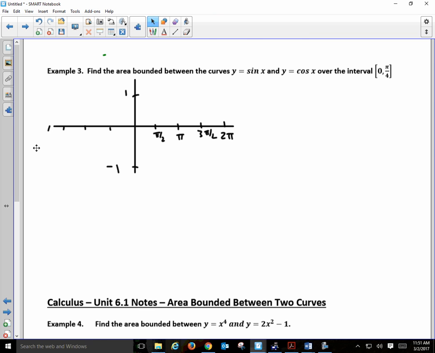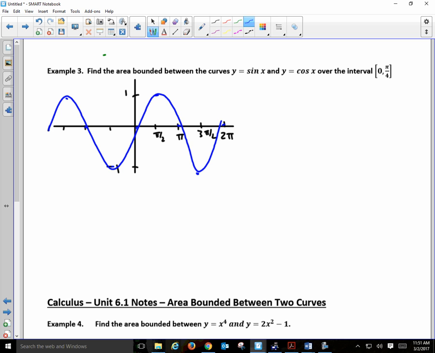I'm going to draw the whole graph just so we can get an idea for sure of what it looks like. There's a rough sketch. How is cosine different?